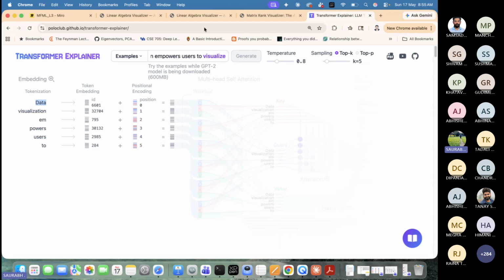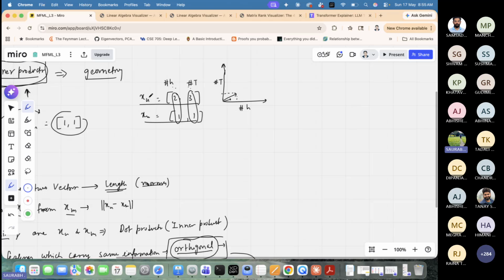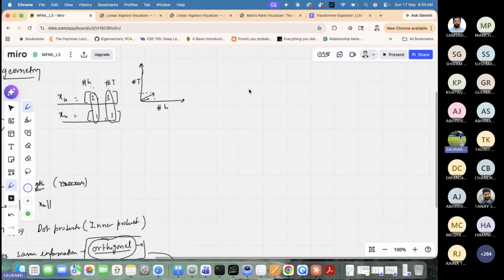A vector which is 768-dimensional, for example the vector for XU, could look something like this: 0.1, 0.9, 0.6, minus 0.1, and so on. So there would be 768 dimensions to it.